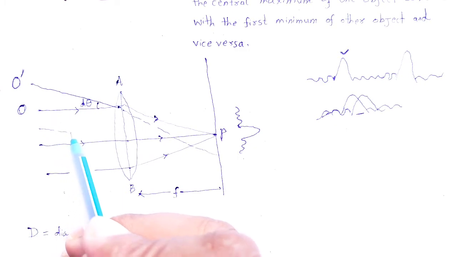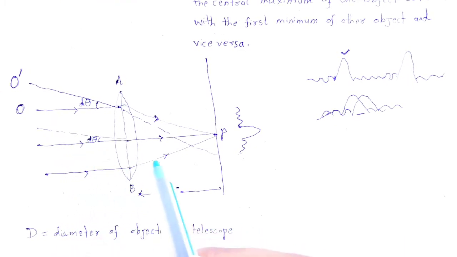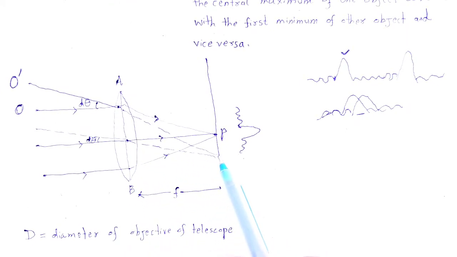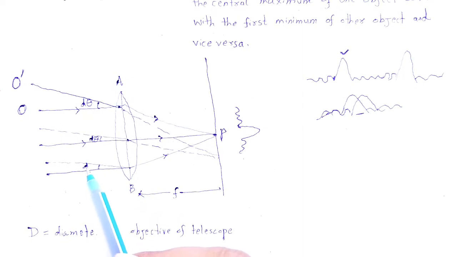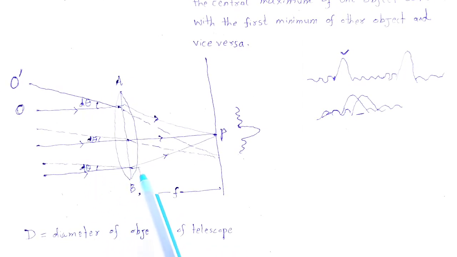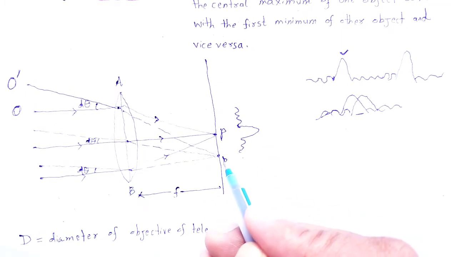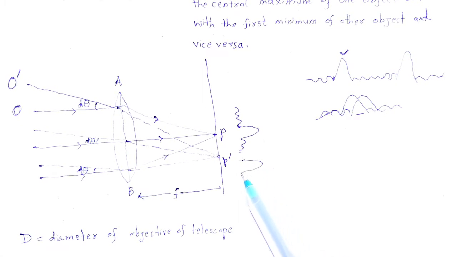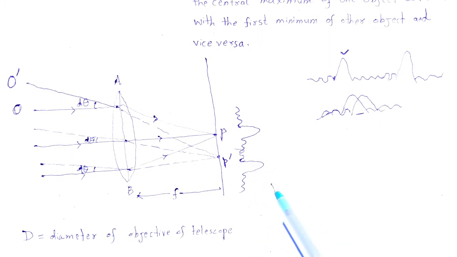Here also the angle is d theta. At point P dash, we again get a diffraction pattern like this. These are the intensity distributions.